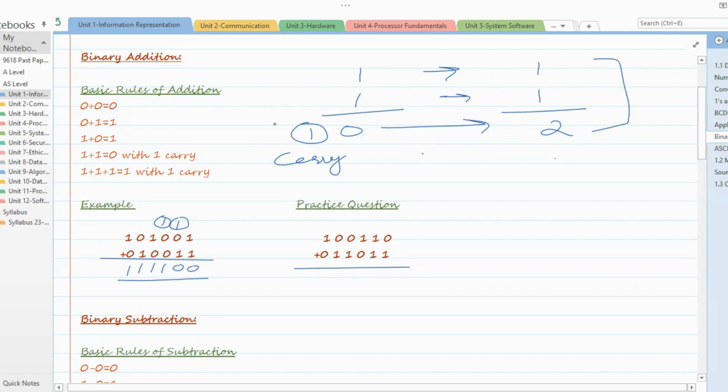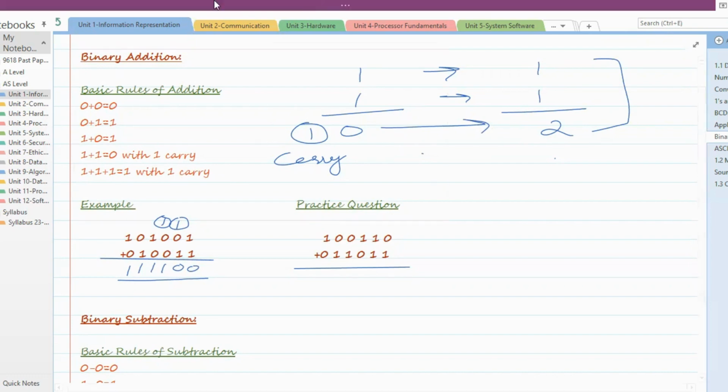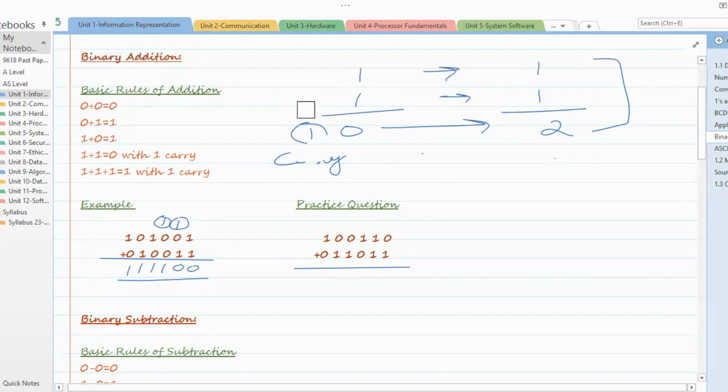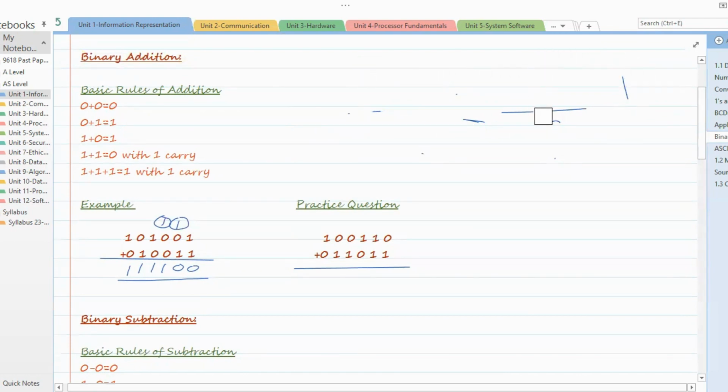Okay. Now, next is 1 plus 1 plus 1 is 1 with a carry bit, right? So why is that so?